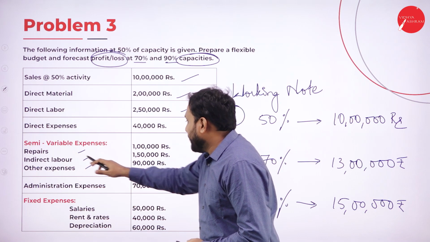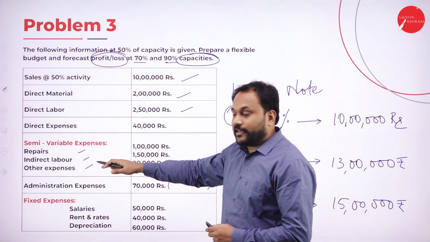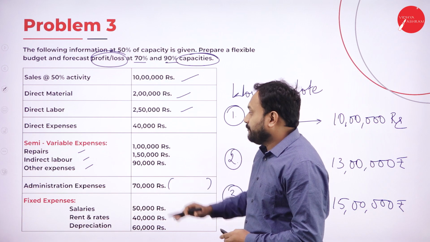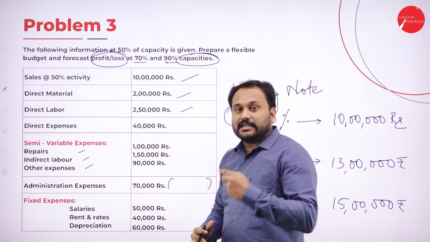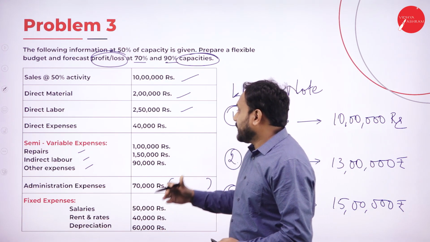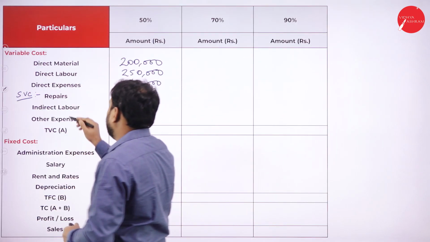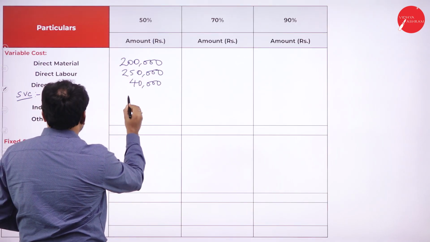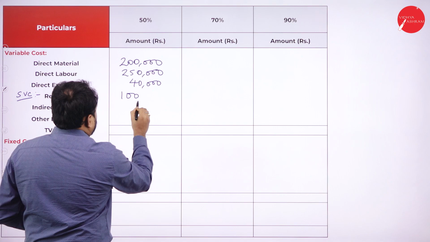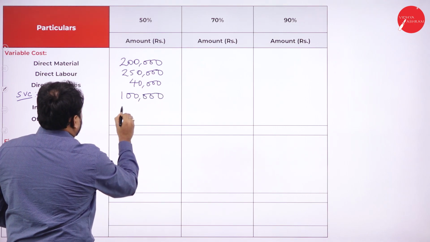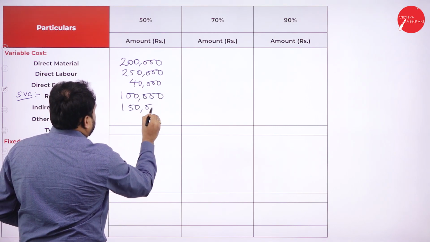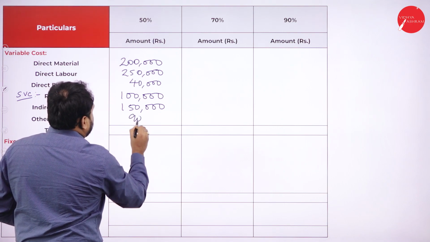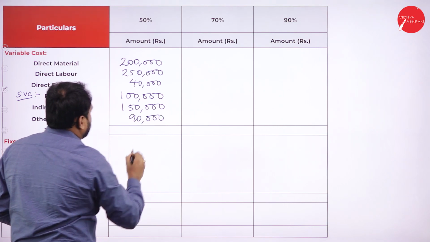Here we have repair is 1 lakh, then indirect labor is 1 lakh 50, and then we have 90,000, that is other expenses. So we'll write very quickly here 1 lakh, then 1 lakh 50,000, and then 90,000 is the other one.